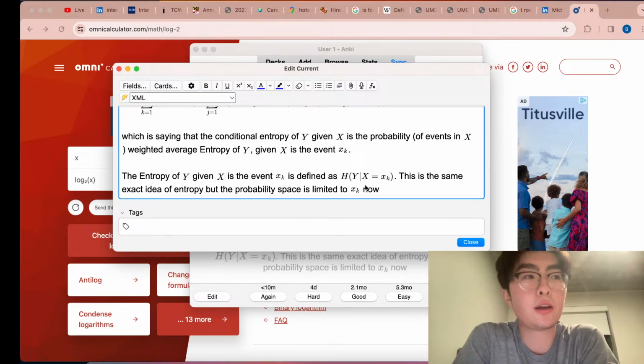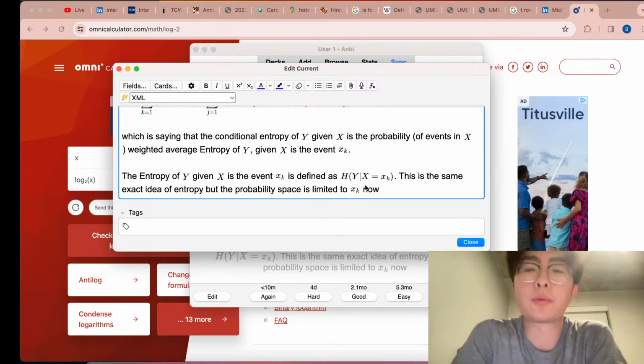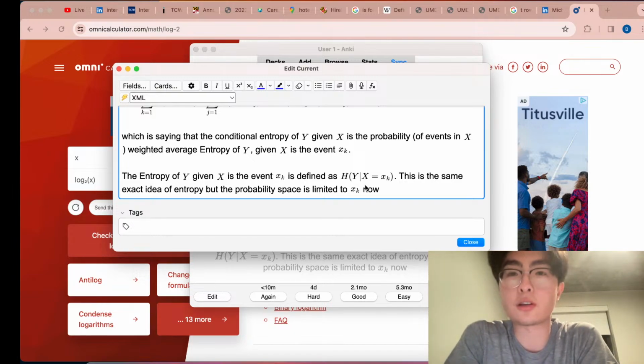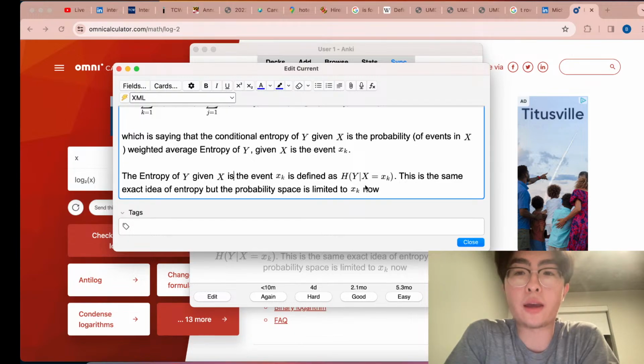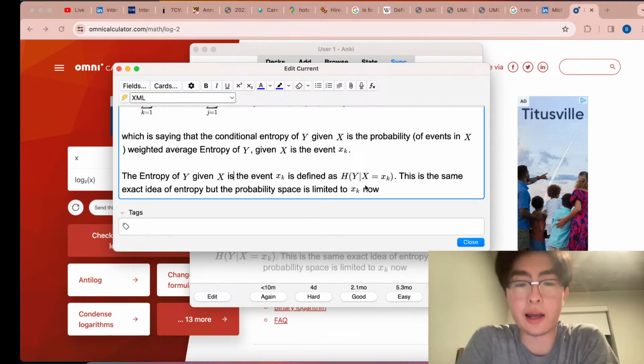When we think about conditional entropy in classification on a certain data set, with a random variable of labels Y, we can limit the probability space, or sample space, to just the samples that have a specific value for some feature, and then this is the weighted average of that.